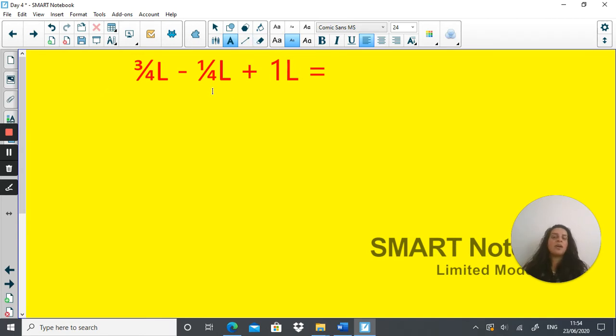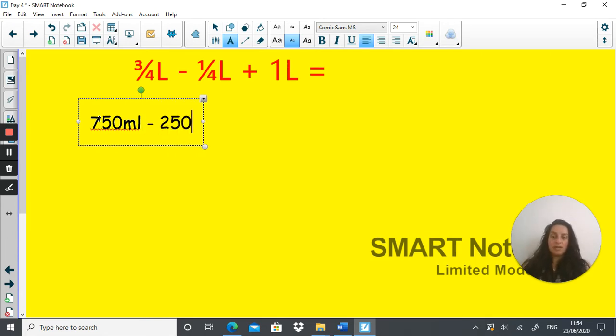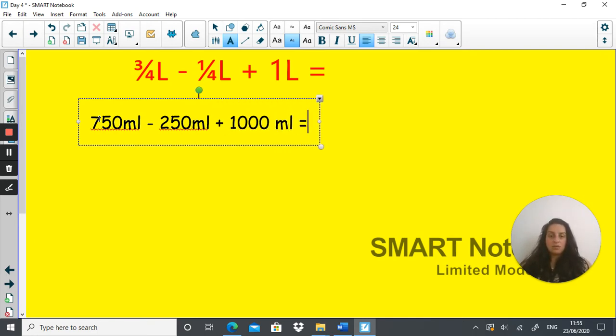Now, how would you work this out here? What would be the easiest way for you to work out 3/4 of a litre take away 1/4 of a litre plus 1 litre? The best way to work this out would be to convert these figures into millilitres. So 3/4 of a litre we know is 750 millilitres. Take away 1/4, which is 250 millilitres, and then add 1,000 millilitres equals what?